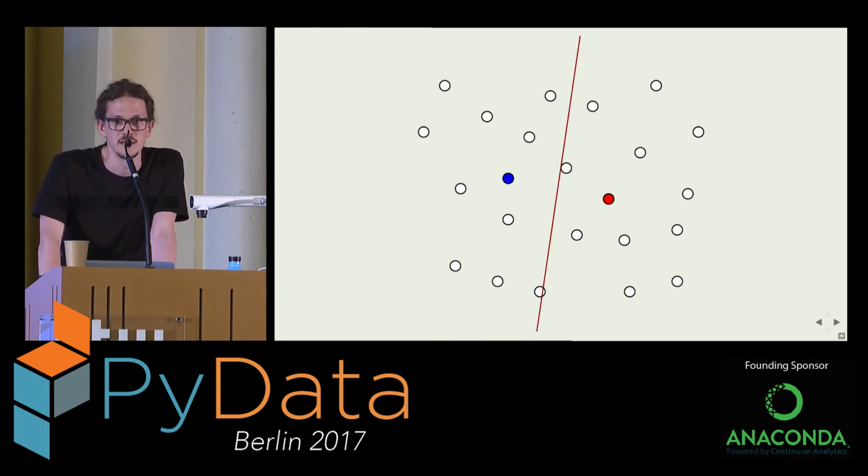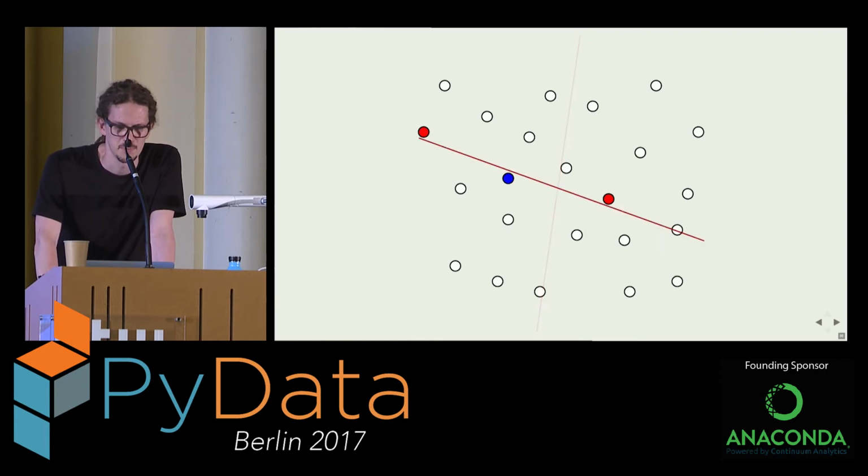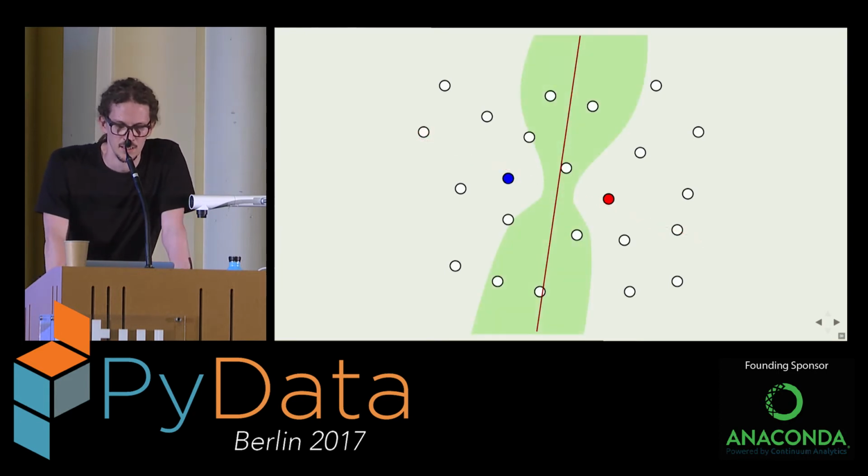Maybe we're interested in the biggest model change, right? So let's assume we query this one, and this is red, right? So our decision boundary would change completely. So maybe that's an interesting point, right? Or we have something like a Gaussian process, and we use the uncertainty of our decision boundary as a criterion for decision.